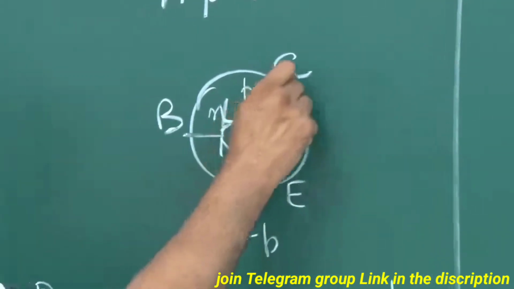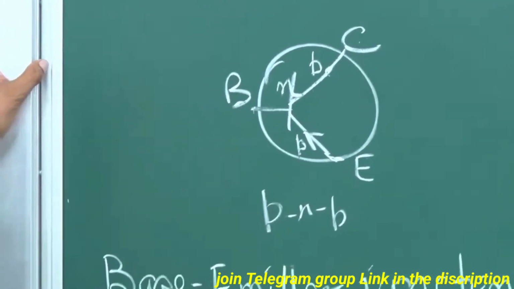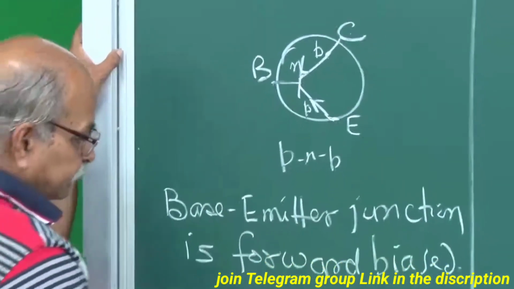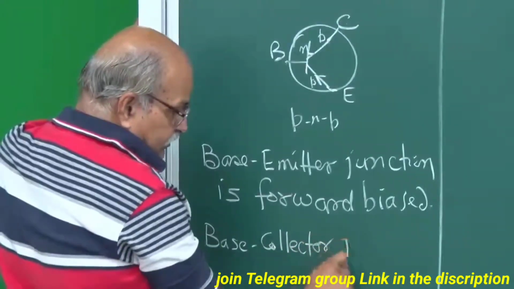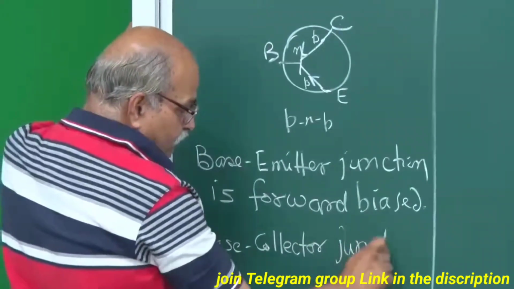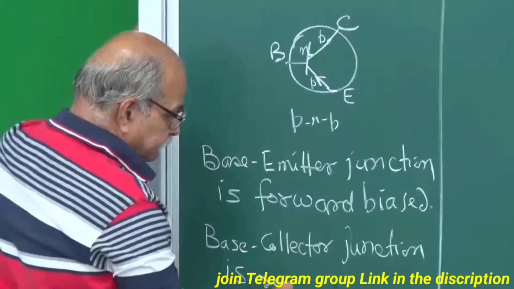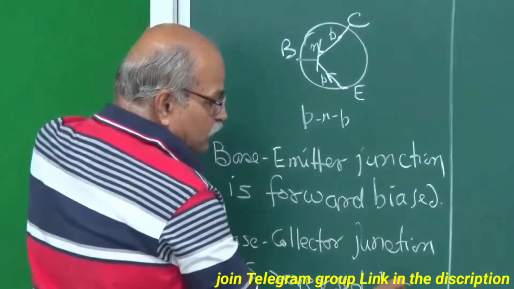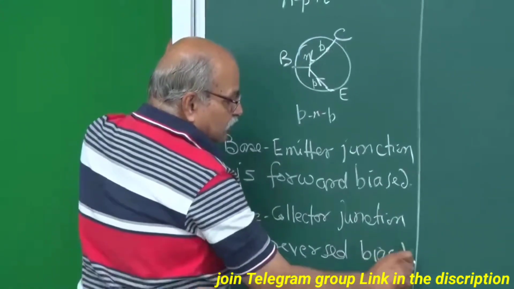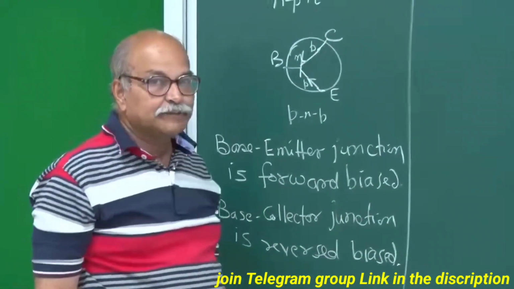So, what happens here? Base collector, how do we connect that? So, in normal operations, base collector junction is reversed bias. I will just tell you why it is so, because the whole mechanism is based on this.